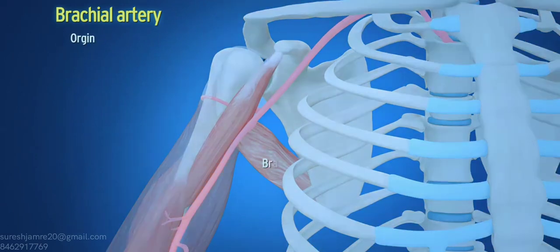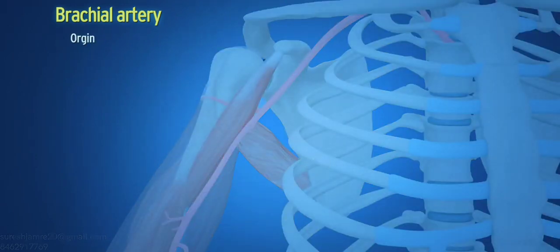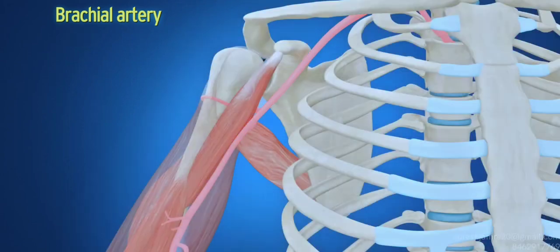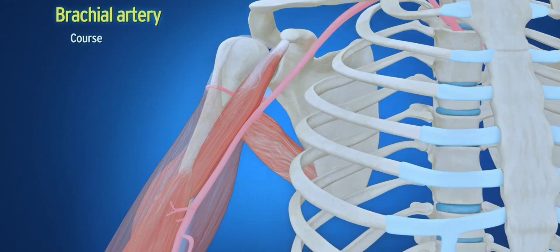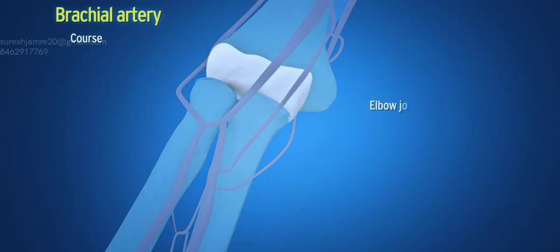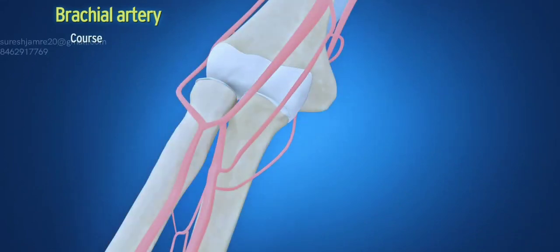Origin. Brachial artery is continuation of axillary artery. Course. Brachial artery runs downwards and laterally in the front of the arm, crosses the elbow joint, enters the cubital fossa. Termination.